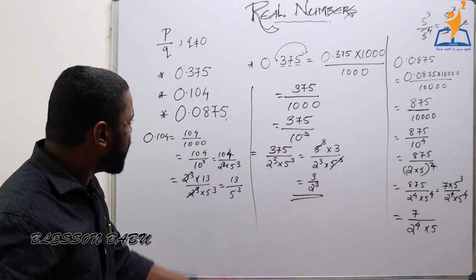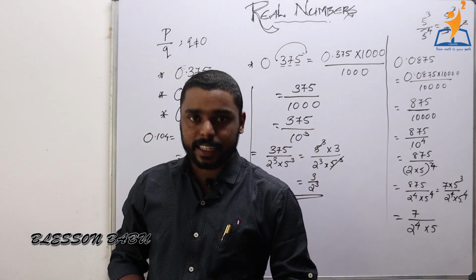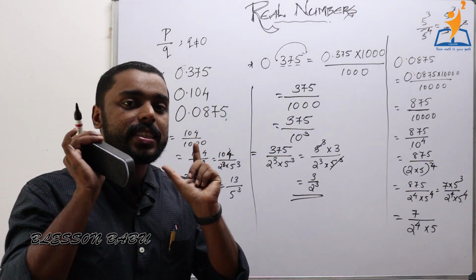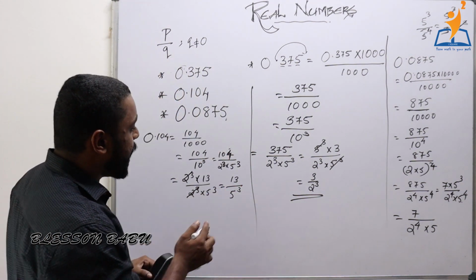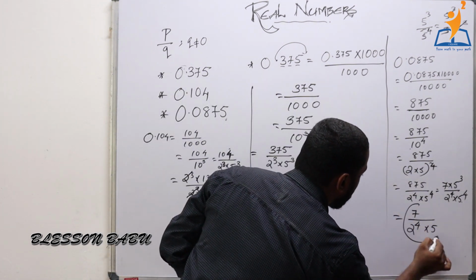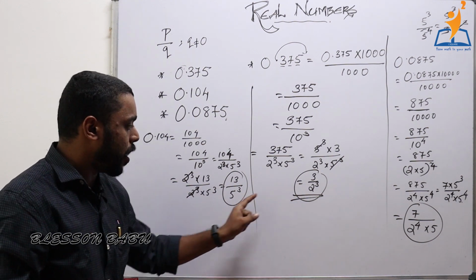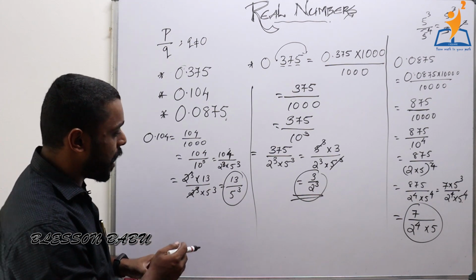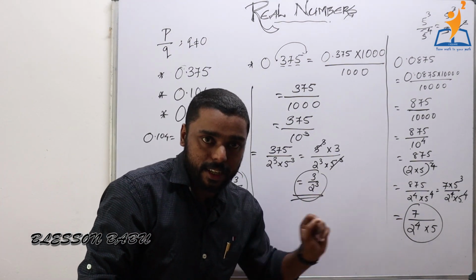So all the three numbers have terminating decimal expansion, and when we transformed these three numbers into P by Q form, we can see that always in the denominator we have a 2 and a 5. Maybe 5 absent or 2 absent, maybe both 2 and 5 together present. Anyway, we have 2 and 5 in the denominator.